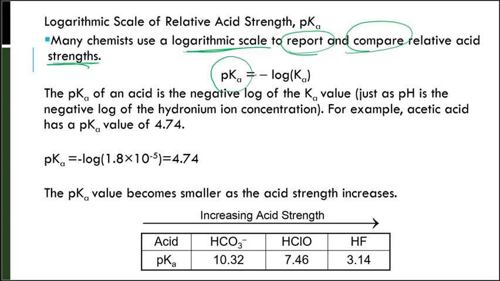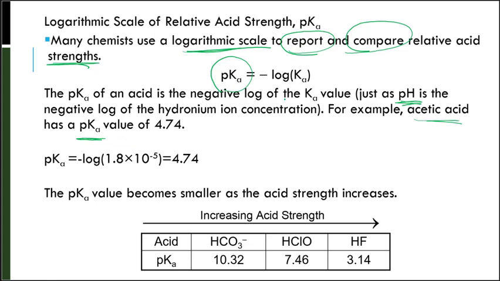So our pKa is equal to the negative log of the Ka value, just like the pH is the negative log of the hydronium ion concentration. So we would look at acetic acid, and it has a pKa value of 4.74.